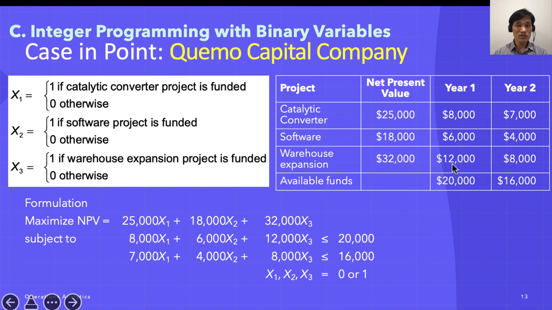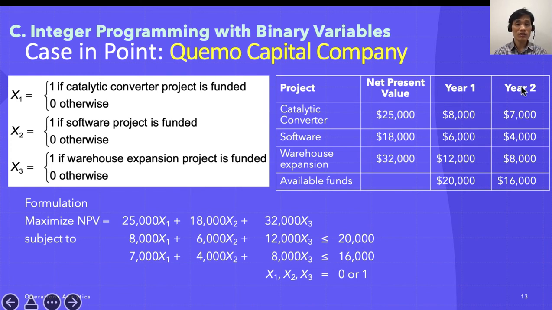And if you look at just this year one column, $8,000 for the first option, $6,000 for software and $12,000 for warehouse expansion, and the total investment cannot exceed $20,000.